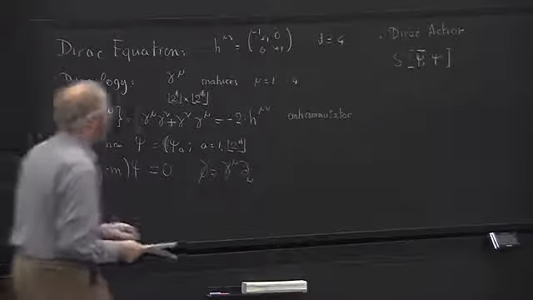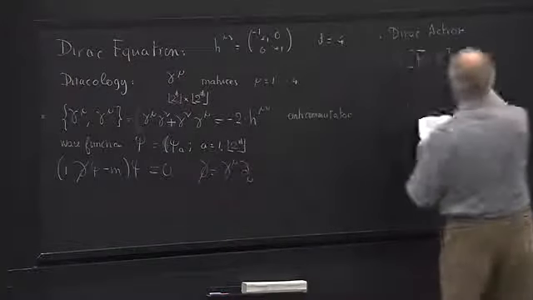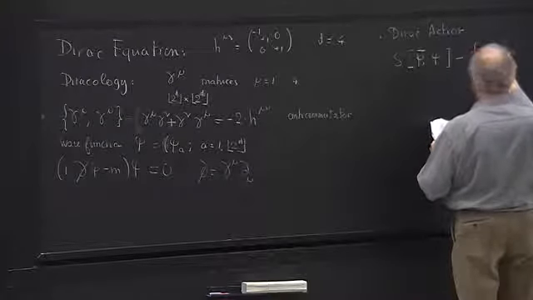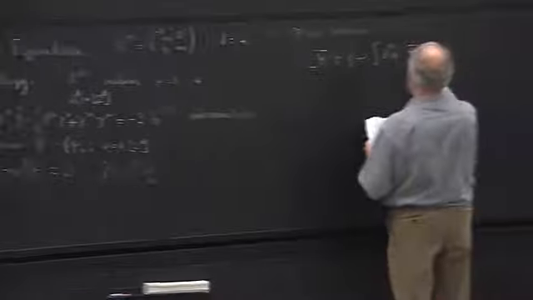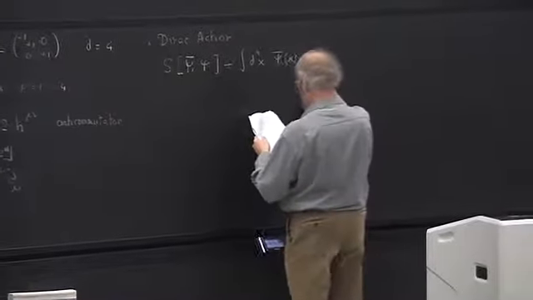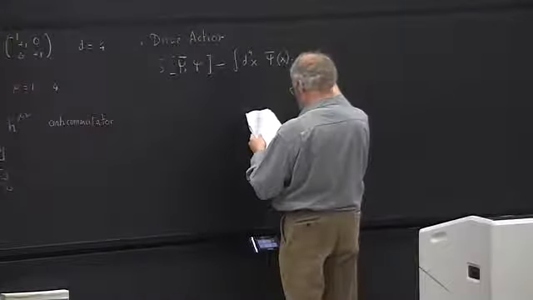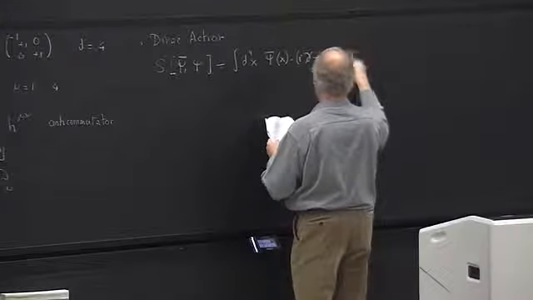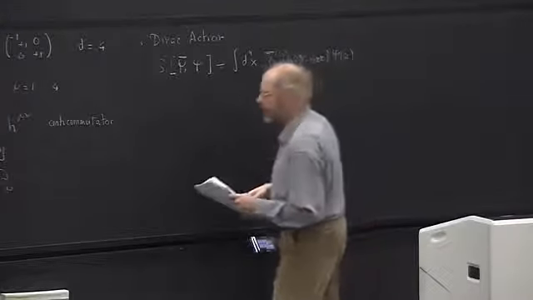At that stage, I don't need to specify it. Let me write something which is simply the integral d4x psi bar of x times i d slash minus m, psi of x.